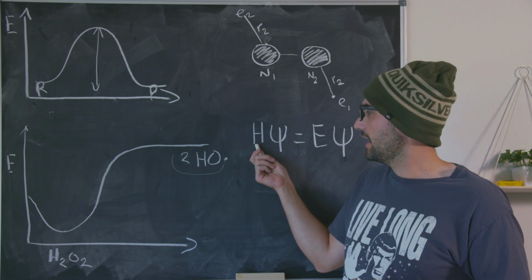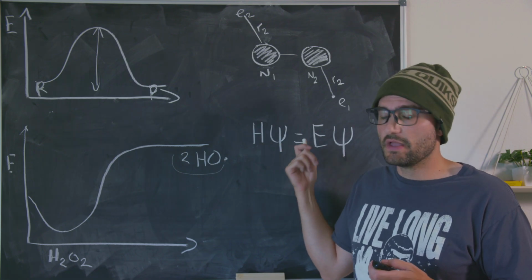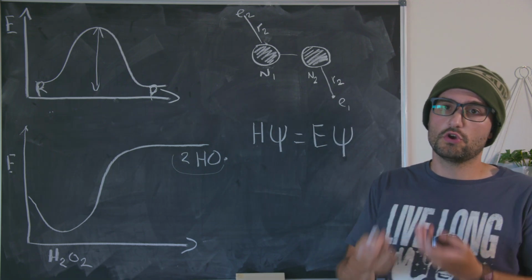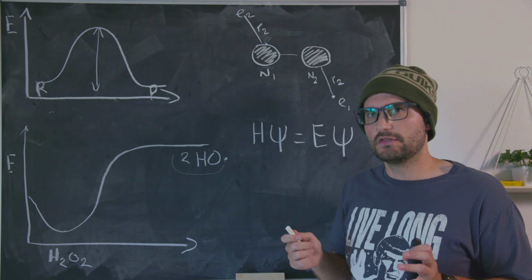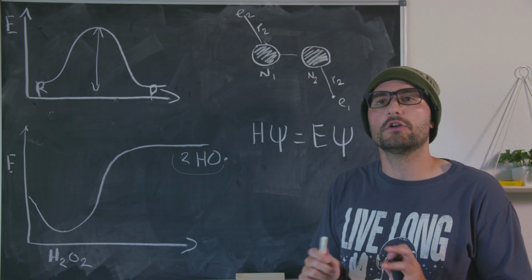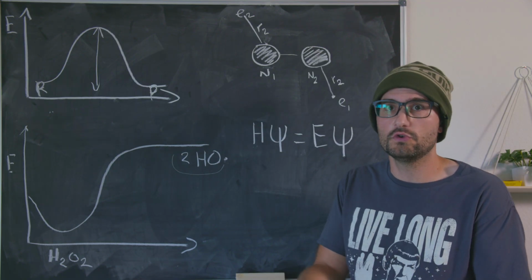We have the same Schrödinger equation, we have the Hamiltonian, we have the wave function, but we have more particles, and we also have more types of interactions. The major thing that changes is that the smallest molecule you can have is with two atoms. That means two nuclei.